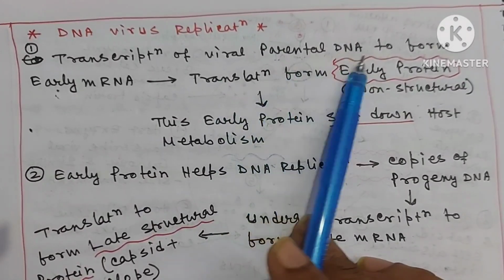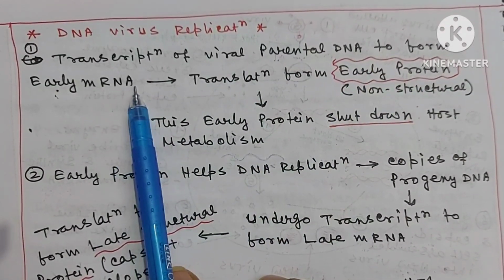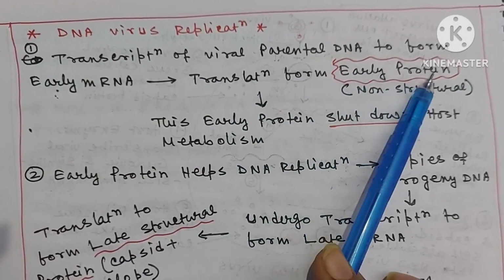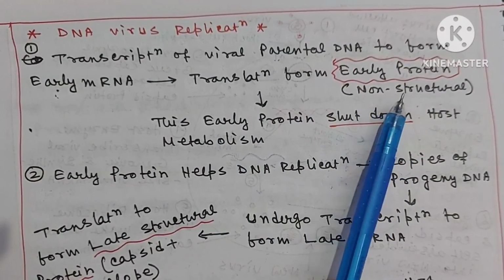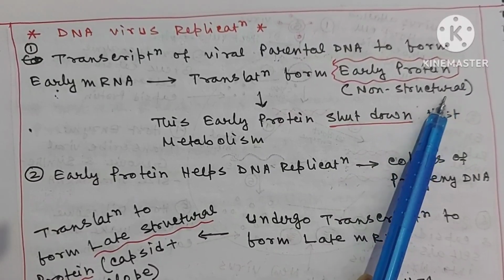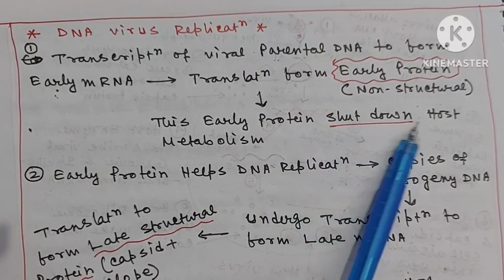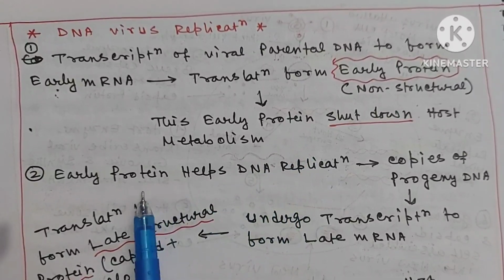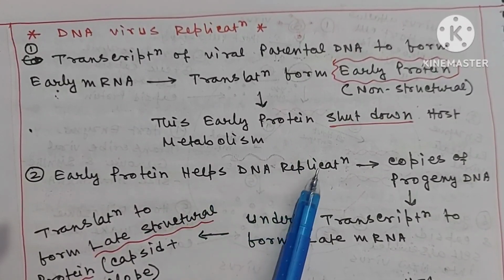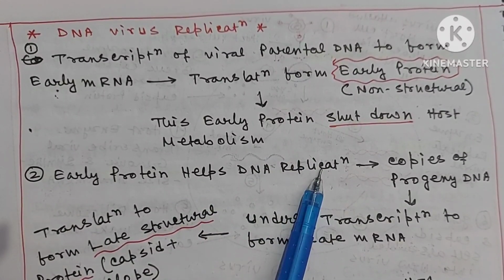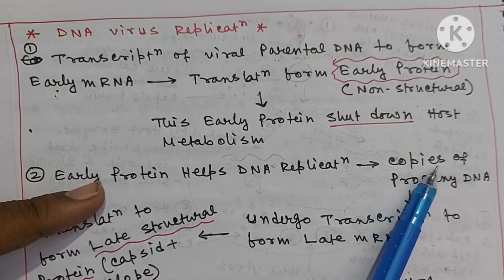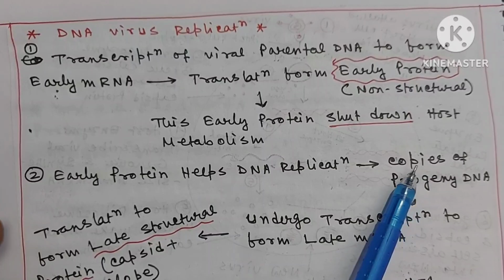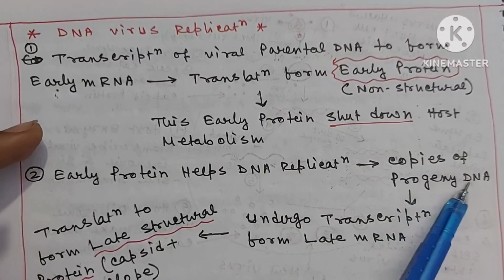The viral parental DNA is transcribed to form the early mRNA, and translation forms the early protein. This early protein is non-structural, that is, it does not form any capsid. It shuts down the host metabolism and helps replicate the parental DNA of the virus, producing a huge number of progeny DNA.